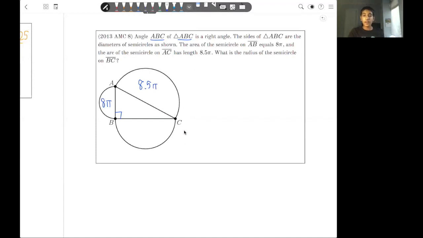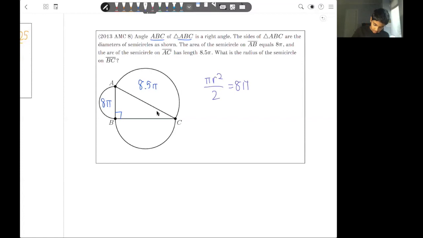How can we do from here? 8.5 is the hypotenuse. So basically, you have 8 pi and you have 8.5 pi. You can cancel out the pi because that will just make the scale pi times smaller. So you could just get rid of the pi.